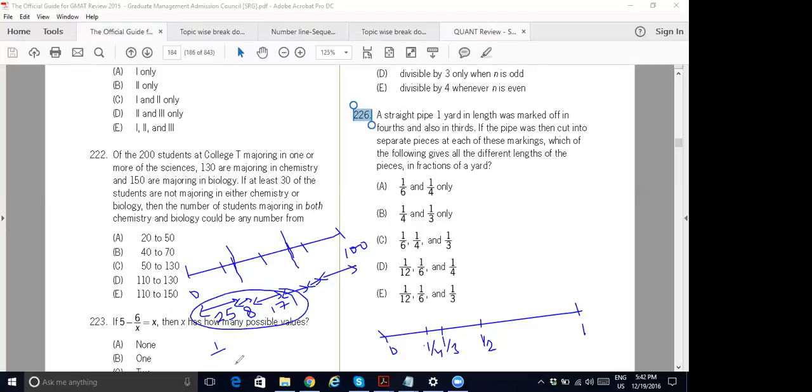We have to find 25/100, 8/100, 8.33, whatever it is, and 17 upon 100.